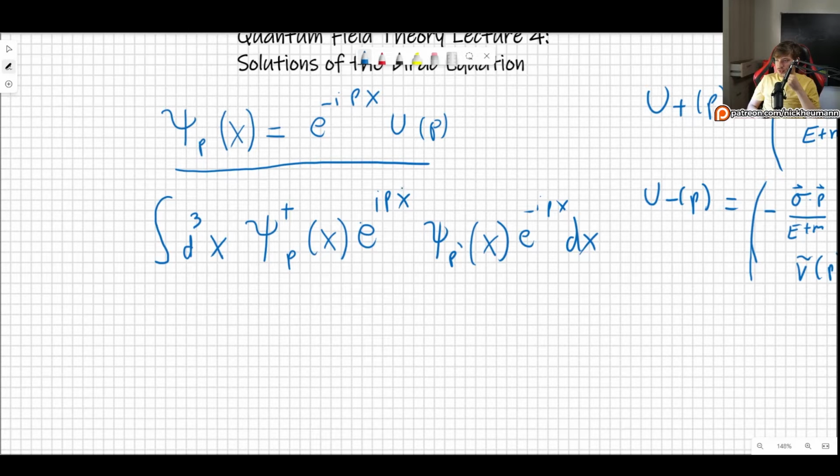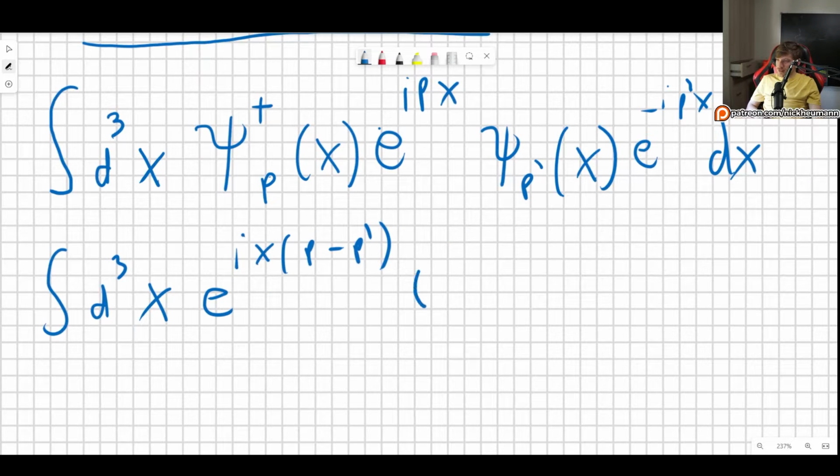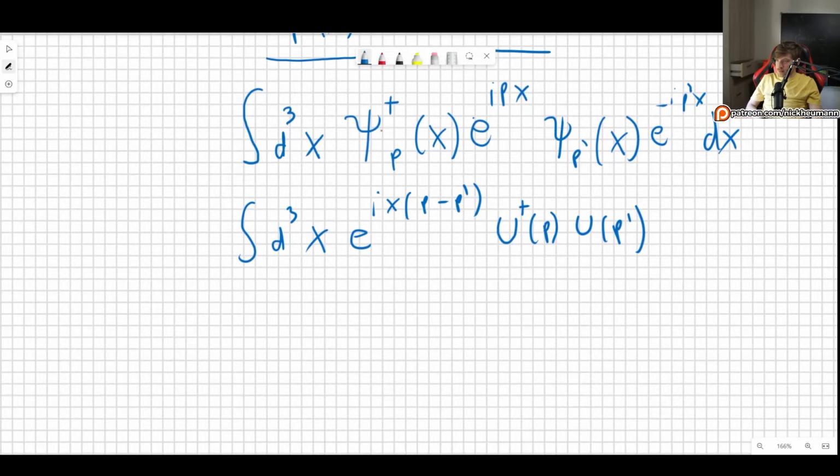We can now see, of course, that the exponents, what we have here, this is p prime. So we get the integral d3x of e to the ix(p minus p prime), and we still need to multiply by u Hermitian of p times u of p prime. Now what we see is that this integral is almost the definition of the Dirac delta.